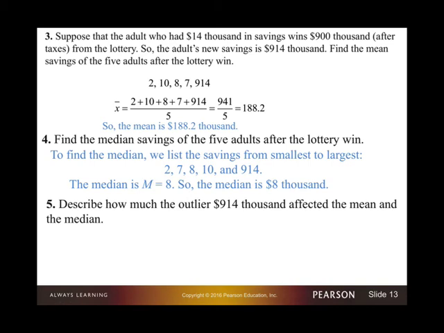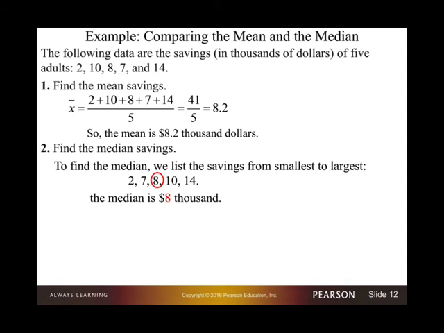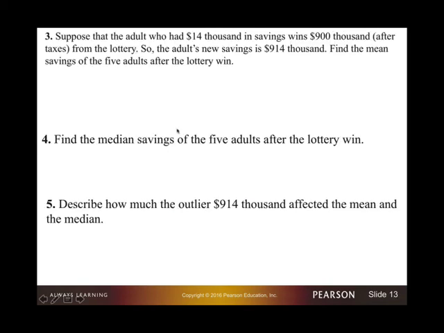Okay, before we have the outlier 914, we have this data with the 14, the sample mean will be $8.2 thousand. That will be our mean. But after we replace the 14 with 914, we found out the mean will be $188.2 thousand in here.